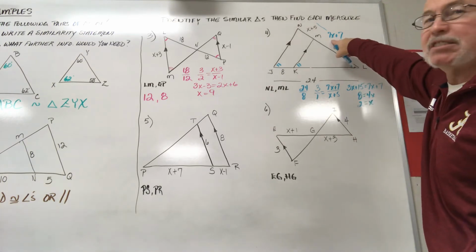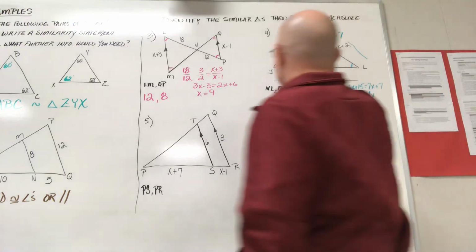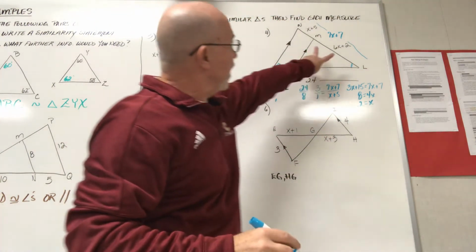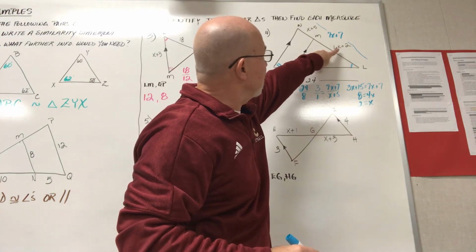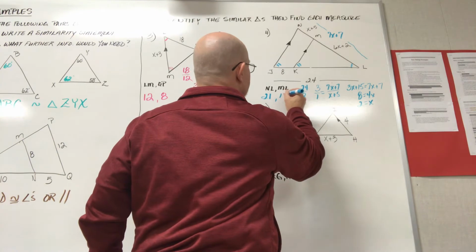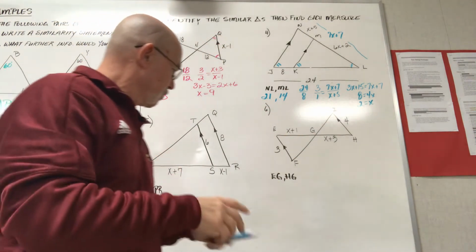So 7 times 2 is 14. 14 plus 7 is 21. And it wants ML. 6 times 2 is 12. 12 plus 2 is 14. There's my second answer.